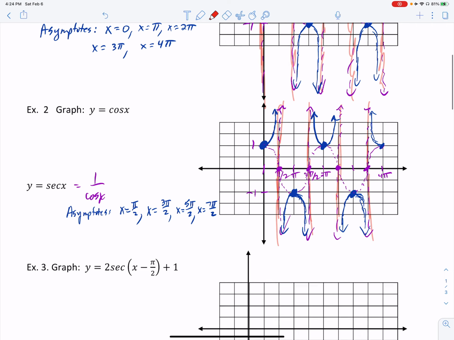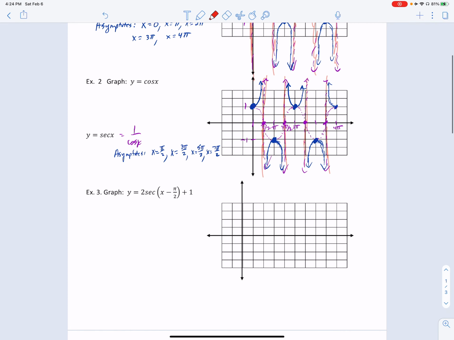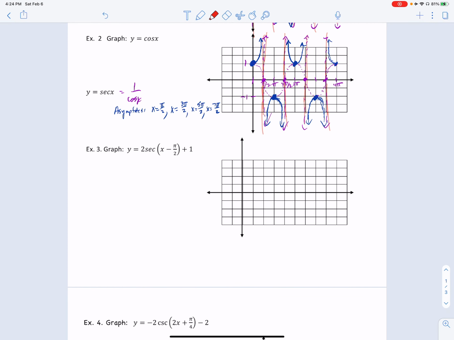All right, then we are still having phase shift and vertical stretches. We can have reflections in the x-axis, horizontal translations, up and down. And so to graph y equals 2 secant of this, where it has a phase shift and a vertical stretch and a shift up or down, I'm only going to ask for just one period.